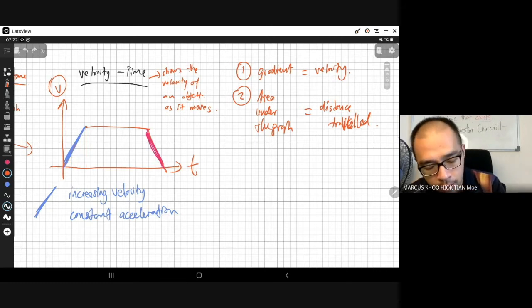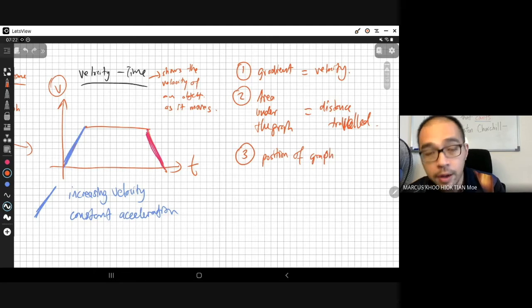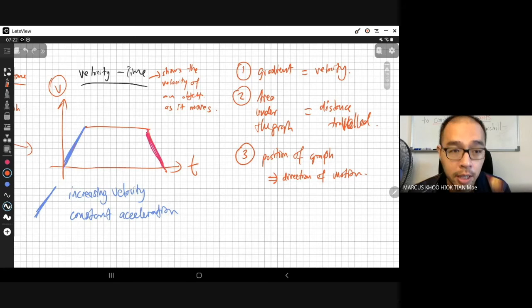But I think a third piece of information that a lot of people tend to miss out is the position of the graph. The position of the graph tells you the direction of motion. If you take a look at this, all your V is positive value.